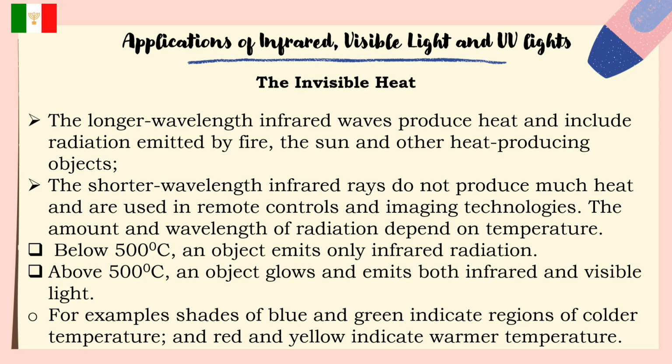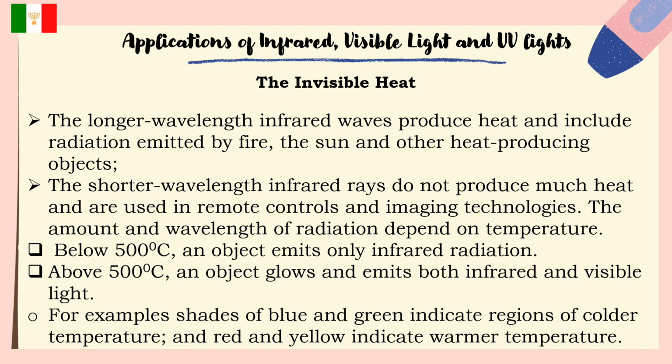Shorter wavelength infrared rays do not produce much heat and are used in remote controls and imaging technologies. The amount and wavelength of radiation depend on temperature. So, below 500 degrees Celsius, an object emits only infrared radiation.